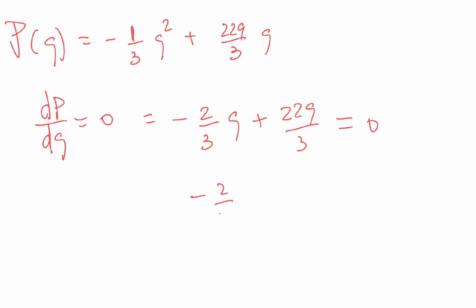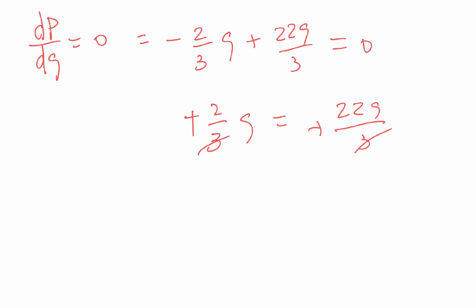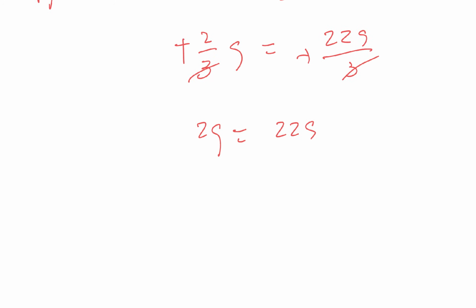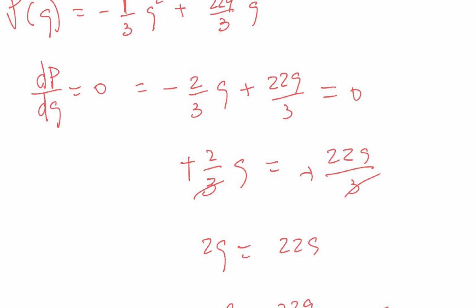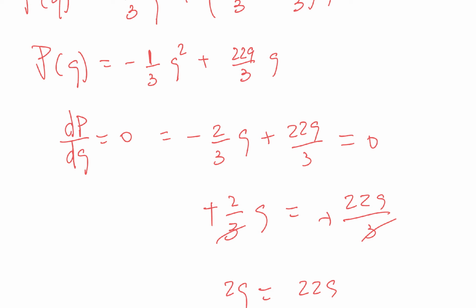So minus 2/3 multiplied by Q plus 129 divided by 3 equals 0. I change the sign, I erase the 3, so 2Q equals 129. So Q will be 129 divided by 2, so the quantity will be 64.5 units.